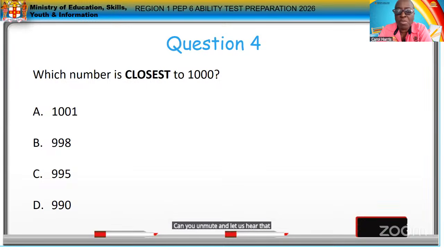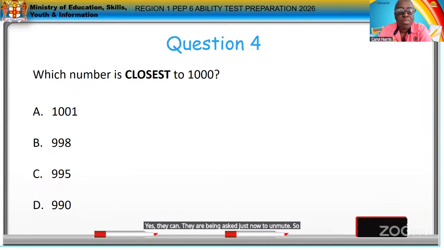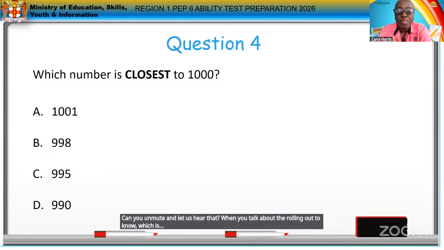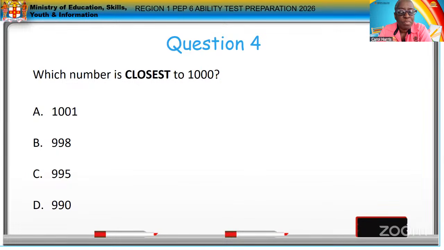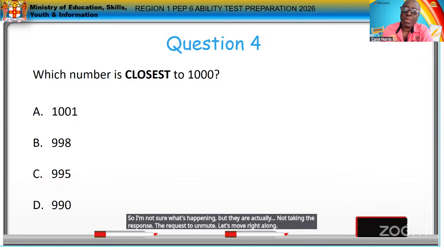So go right ahead, Brixton Hill. I'm not sure what's happening, but they are not taking the request to unmute. Let's move right along.